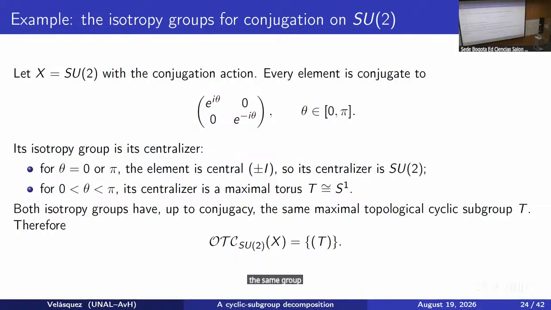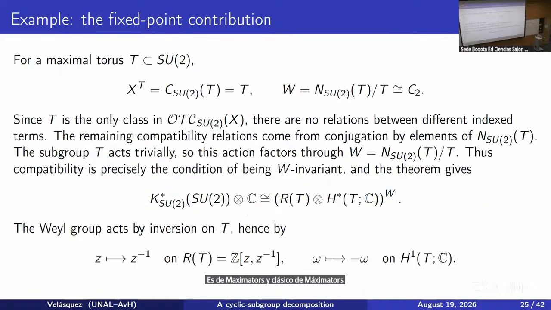Therefore, this set OTC is the conjugacy class of the maximal torus. Then, for this case, the fixed points are the centralizers that correspond to the torus, and the Weyl group is Z2.